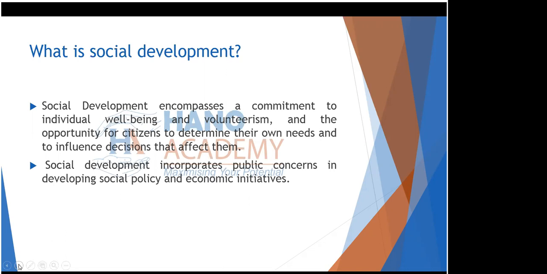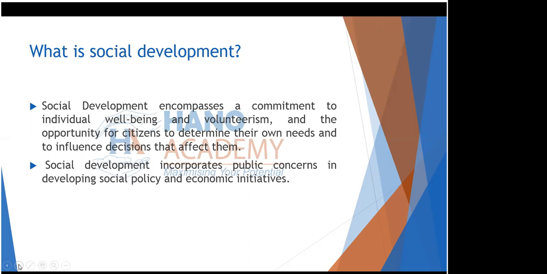So we are focusing on a commitment to an individual's well-being and volunteering, so that people are able to determine their own needs and even influence decisions that affect individuals in our society.